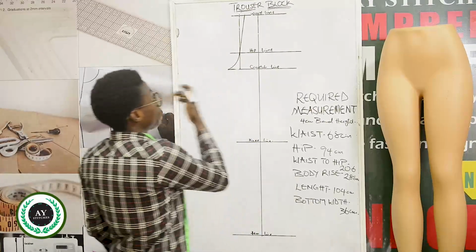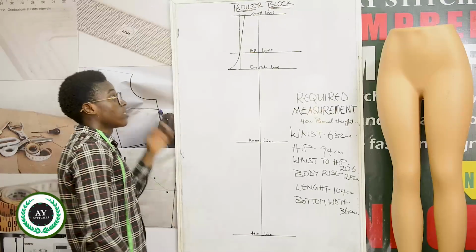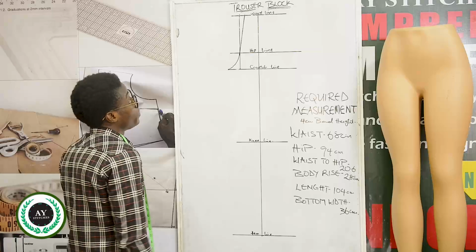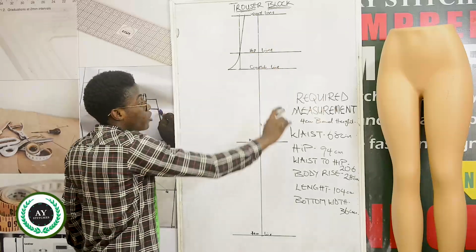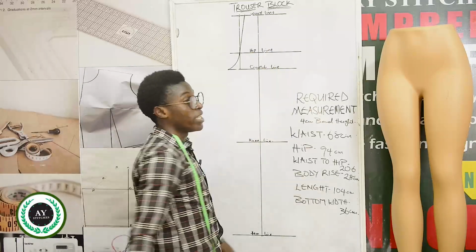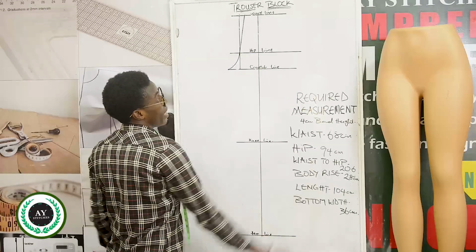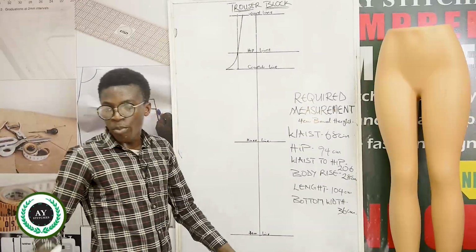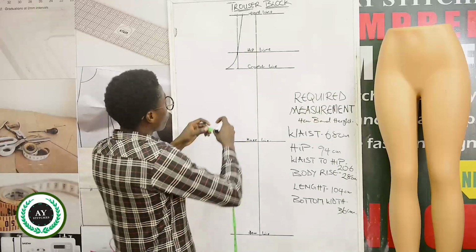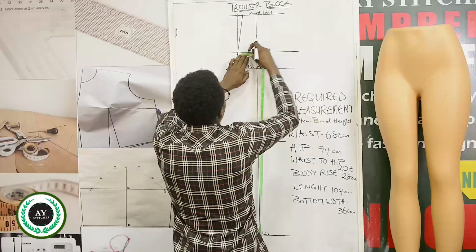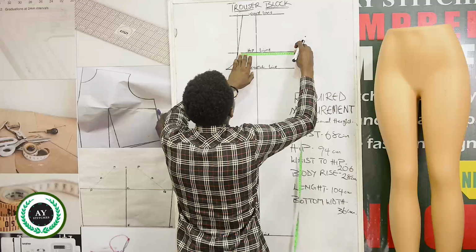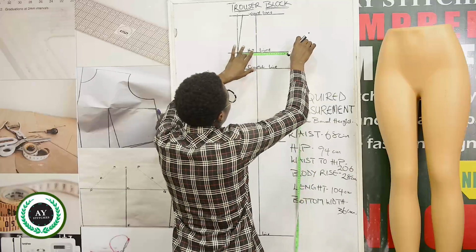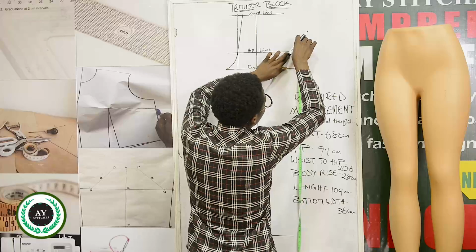Okay, so now that we have this, the next thing for us to do is to get what? Our hip measurement. So now, you're going to be getting your hip measurement. Divide your hip measurement by 4 minus 1.5. So 94 divided by 4 minus 1.5. What I have is 22. So you're going to be measuring 22 centimeter from what? The squared up line at the hip line.